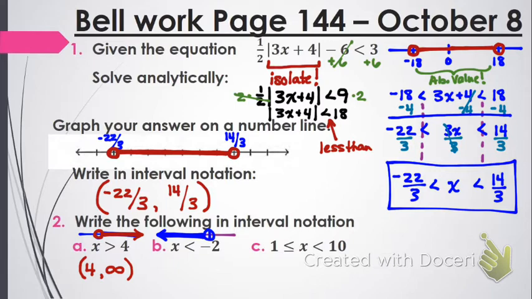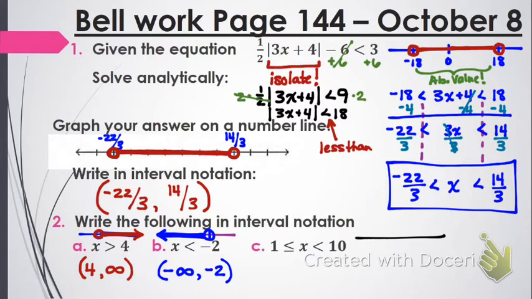Negative infinity, because it's off to the left in the negative direction. And it's in parentheses. It's going to go up until where? Negative 2. Parenthesis or bracket here? Parenthesis. All right, we got one more to look at here.